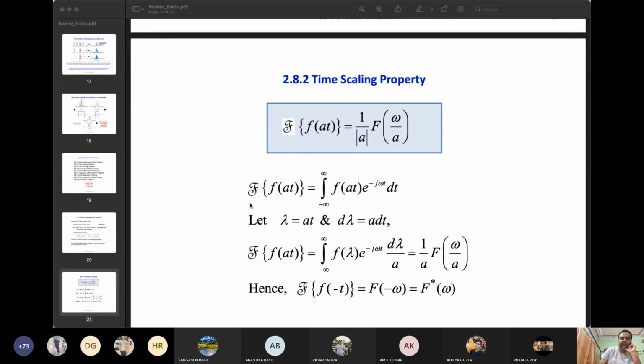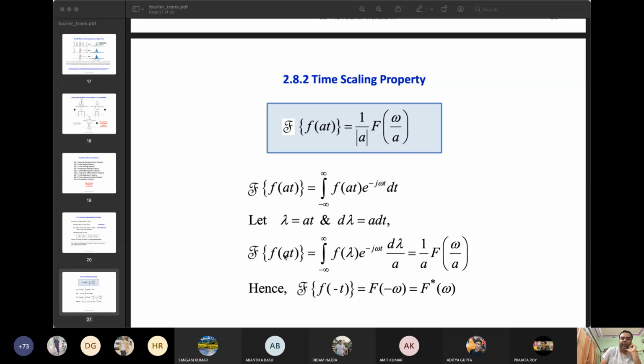Okay, the proof is like this. If I want to take the Fourier transform of f(at), then by definition it is the integral from minus infinity to plus infinity of f(at) e to the power minus j omega t dt. Make the substitution lambda equal to at, therefore d lambda equals a dt.